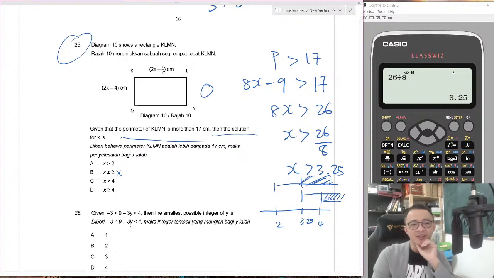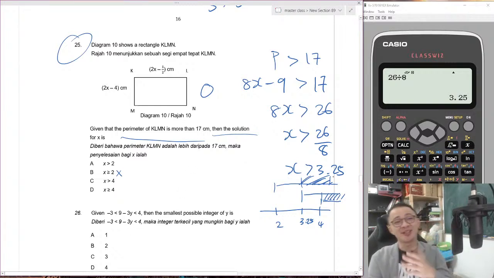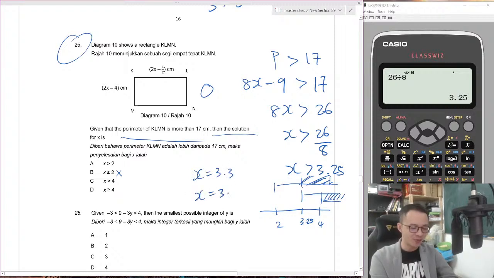X bigger than 4 is a subset of x bigger than 3.25. Yeah, I understand about the subset thingy, but then it's like what I say. What if, because x is bigger than 3.25, right? Let's say x equals 3.3 or x equals 3.5.